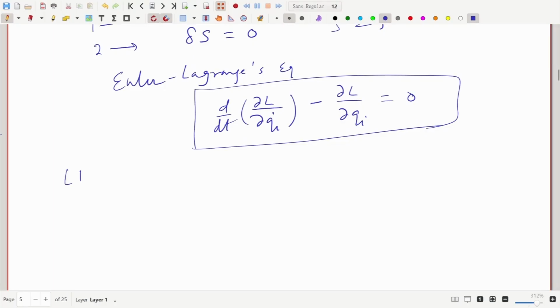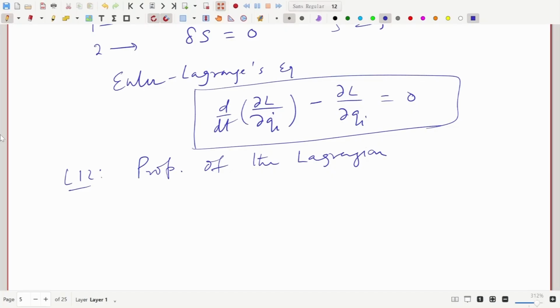Then in the very last class, lecture 12, we discussed the properties of the Lagrangian. You can multiply the Lagrangian by a constant, and you can add a constant to the Lagrangian without affecting the equation of motion.